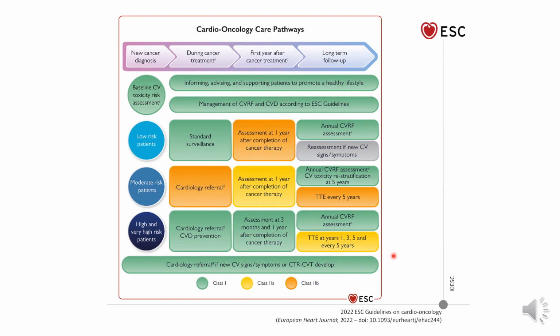If our patient is at high risk or very high risk, then surveillance at 1, 3, and 5 years and every 5 years is reasonable, with annual cardiovascular risk factor assessment with the SCORE risk and lifestyle modification. This takes a class 2B recommendation for every 5 years in a moderate risk patient, again with annual cardiovascular risk factor assessment and risk stratification at 5 years if the patient continues taking chemotherapy agents.